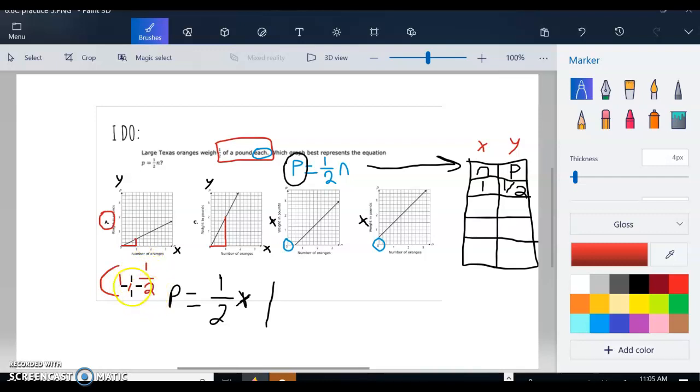So our x was 1, or in this case our N was 1, and our P was 1/2 because P equals 1/2 times 1, so therefore P had to equal 1/2 over here. Okay? So just by process of elimination, just by making our table, we know that A is going to be our correct answer on this question.